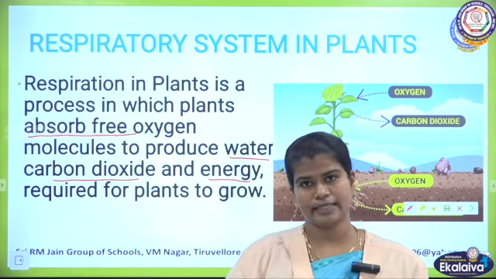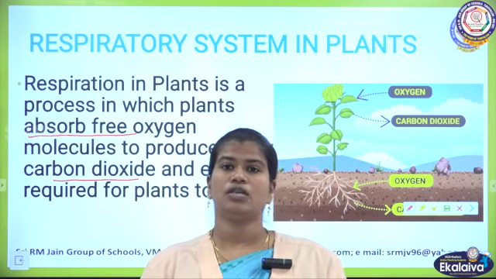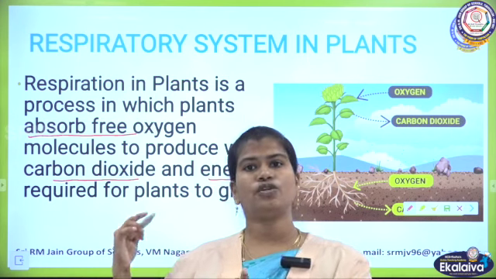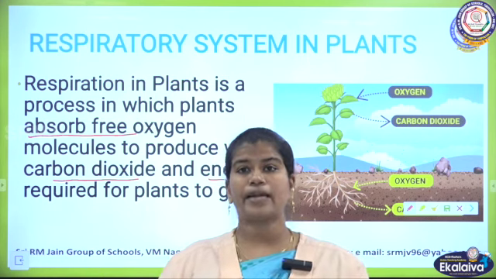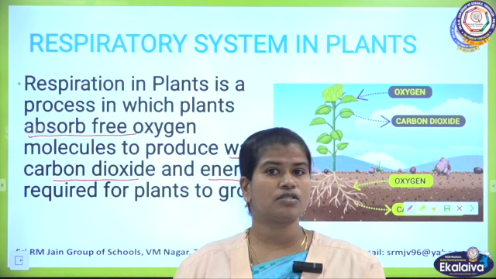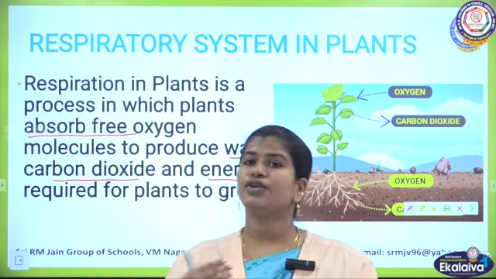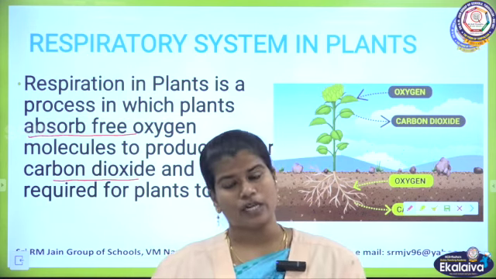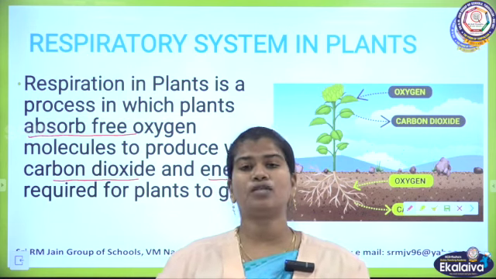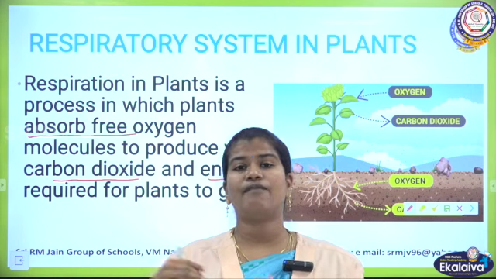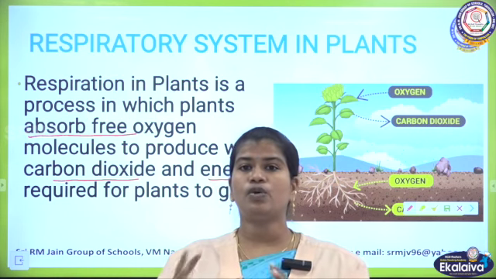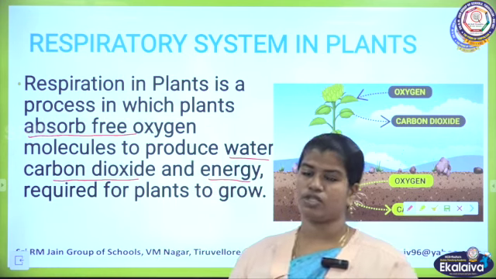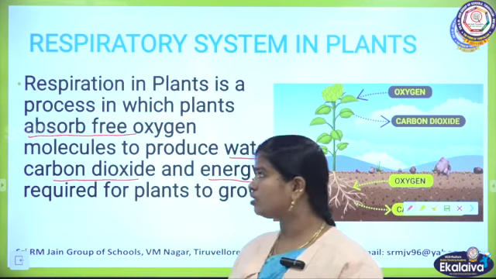Respiration will unlock the locked energy, which means we know that plants prepare their own food by the process called photosynthesis. During photosynthesis, with the help of raw materials, in the presence of sunlight and chlorophyll, the plants synthesize the food. And the synthesized food will be converted into energy only in the presence of oxygen. So that is what we have discussed here.